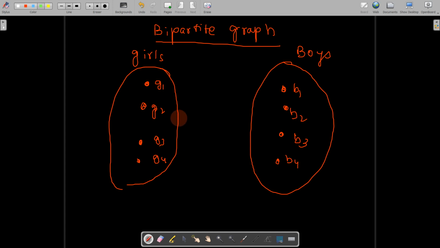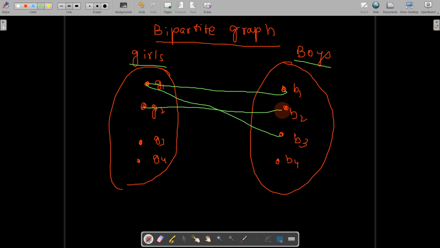So in a bipartite graph, we can partition the graph into two sets such that edges are only across the sets and not within the set. That means we can have edges like this: G1 likes B1 and B3, G2 likes B2 and B4, G3 likes, suppose, B2, and G4 likes B3. So this is a bipartite graph.